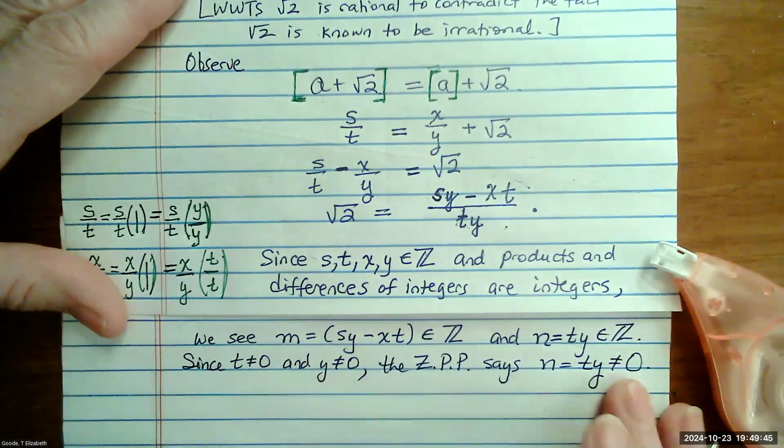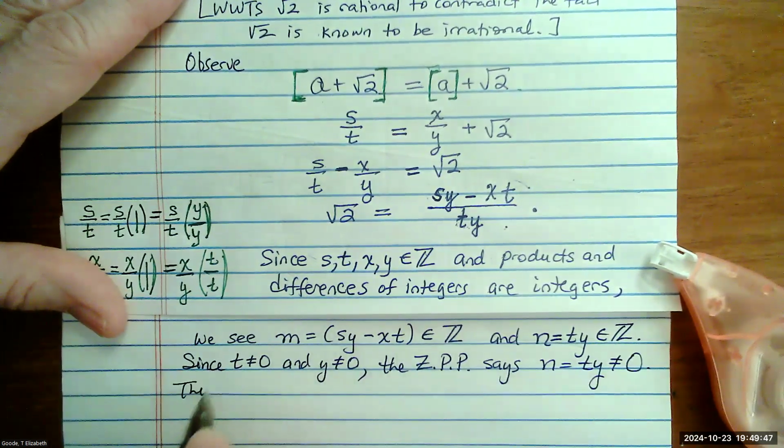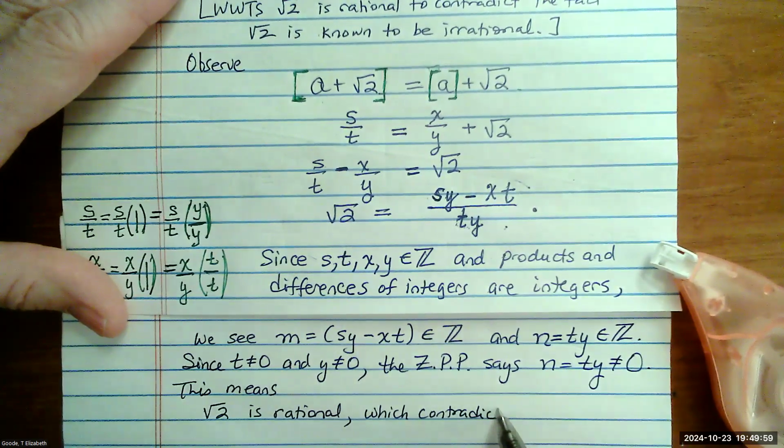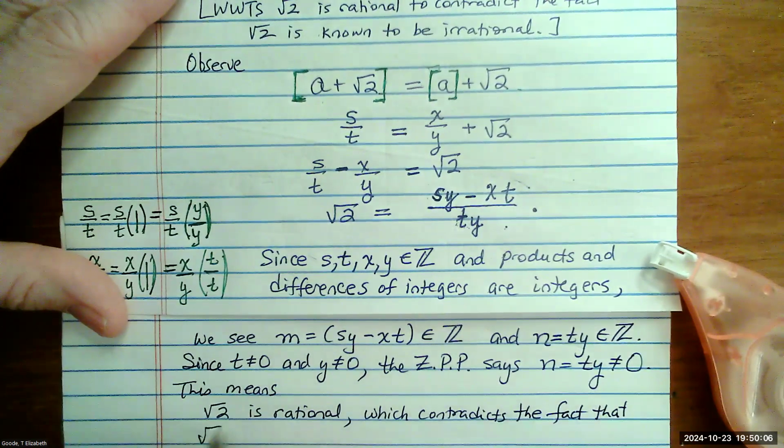So that's part 3. So this means square root of 2 is rational, which contradicts the known fact that square root of 2 is irrational.